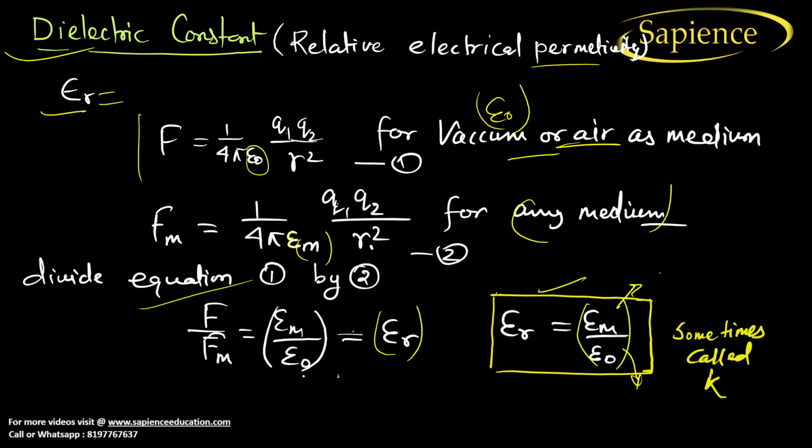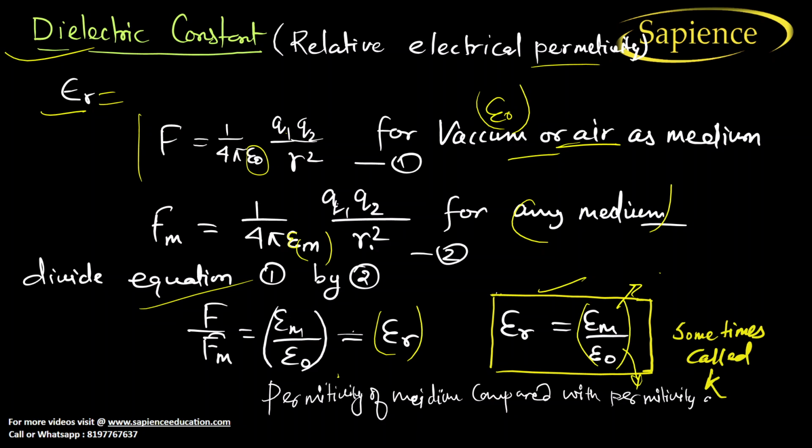So we can also write it like this: permittivity of the medium compared with the permittivity of vacuum or air.